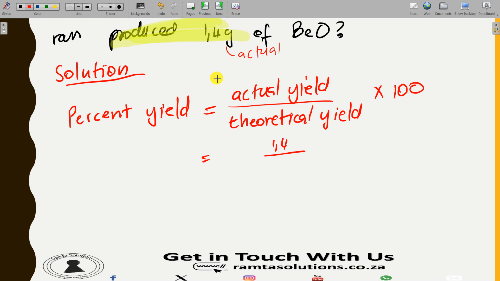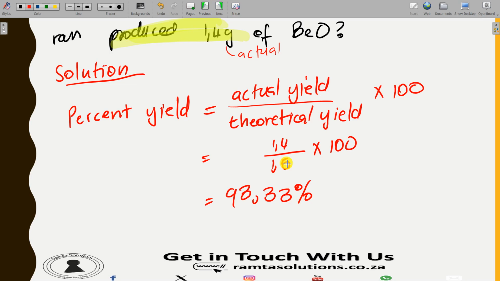It is 1.4. What is theoretical? It is 1.5, all multiplied by 100. Now what do we get? We get 93.33%.